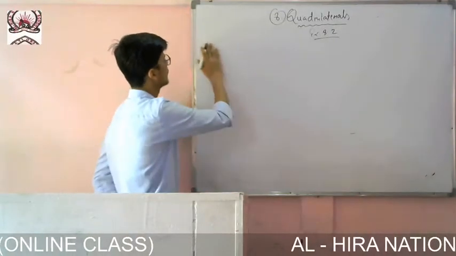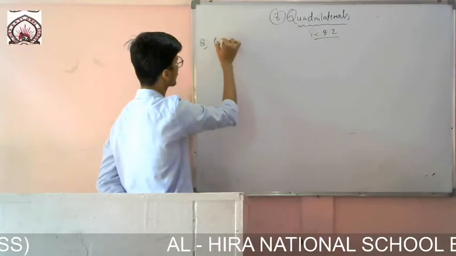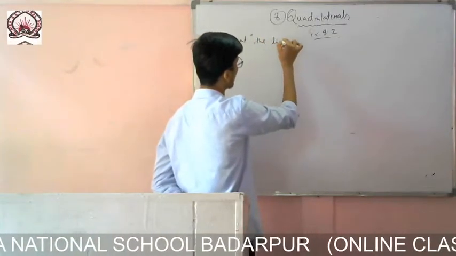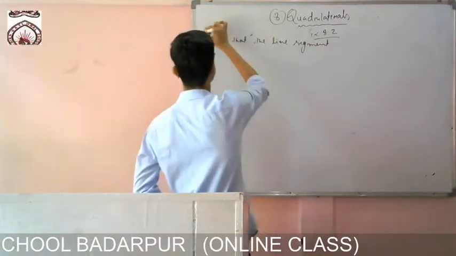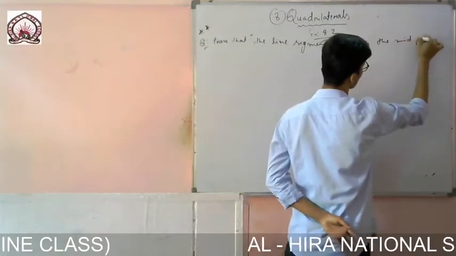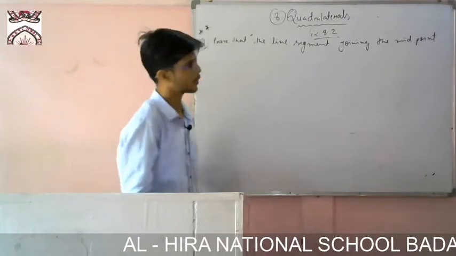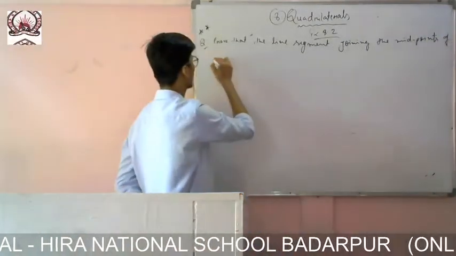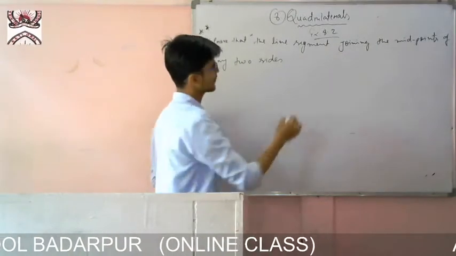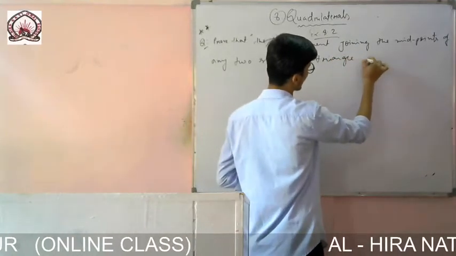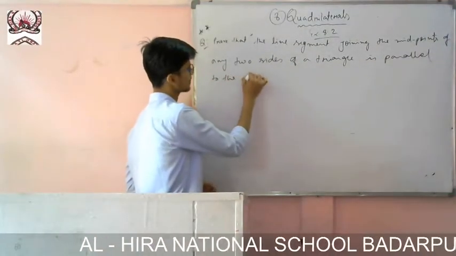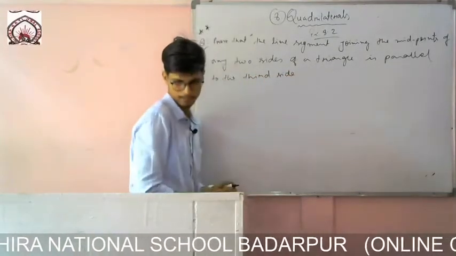So you write midpoint theorem, we are proving, so you write it, prove that the line segment joining the midpoints of any two sides of a triangle is parallel to the third side and equal to half of it.